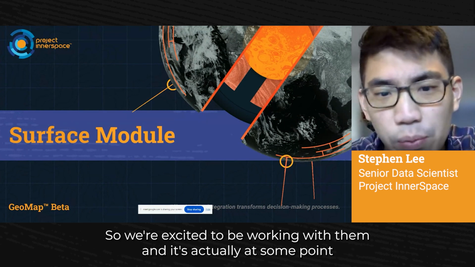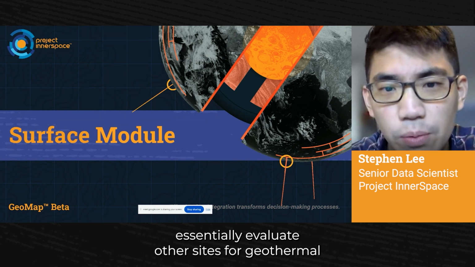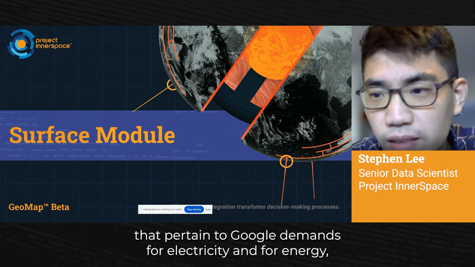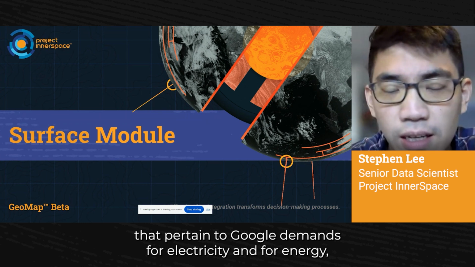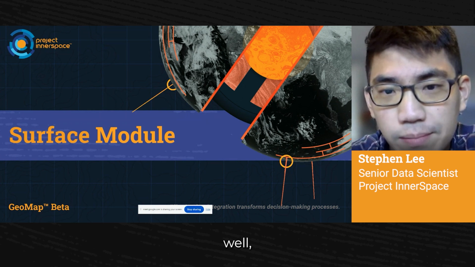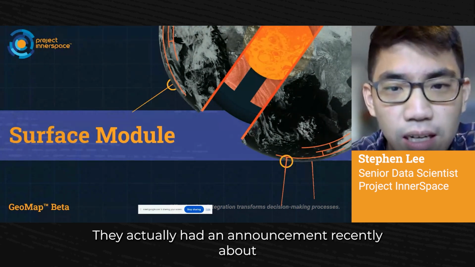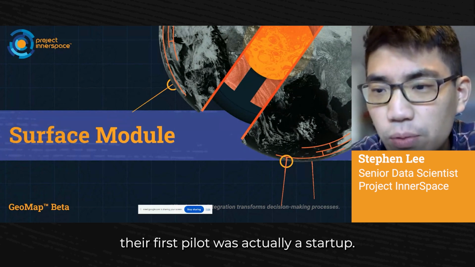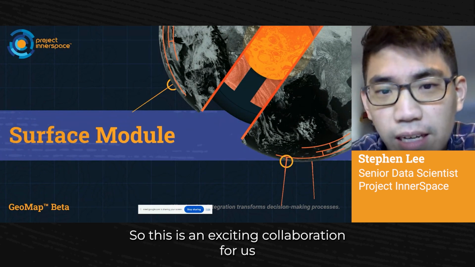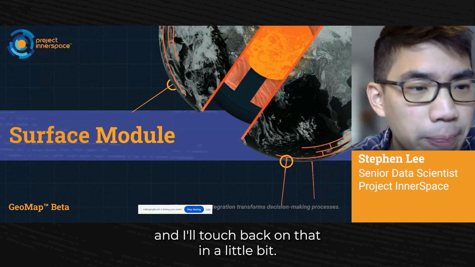So we're excited to be working with them and to potentially evaluate other sites for geothermal that pertain to Google demand for electricity and for energy, specifically with regards to their data centers and things like that. They actually had an announcement recently about their first pilot with a startup. So this is an exciting collaboration for us, and I'll touch back on that in a little bit.